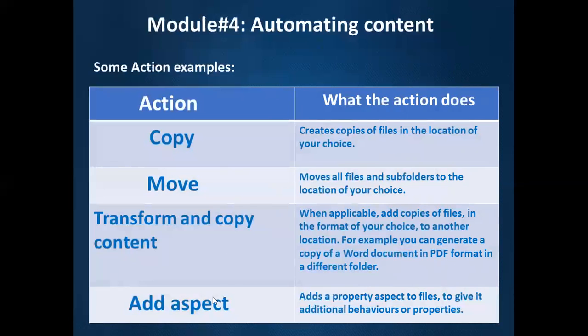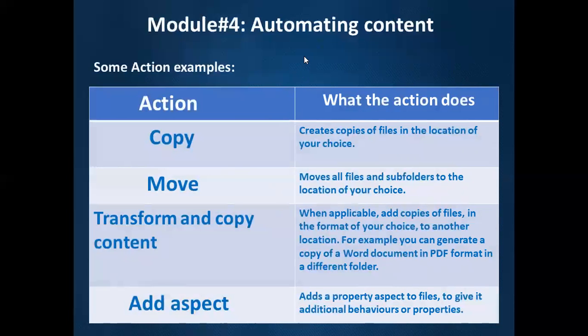Add an aspect: we can use this action for adding a property aspect to files to give them additional behaviors or properties. There are many actions; I just took a look at these as examples.